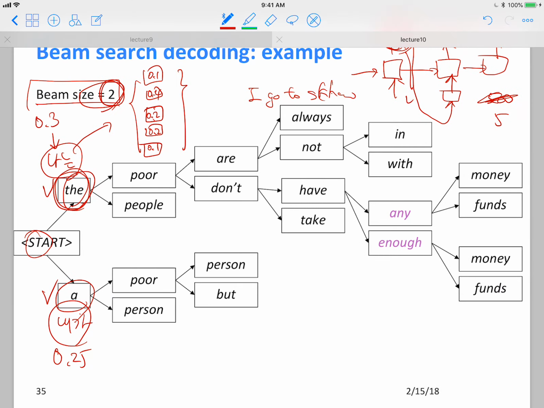And in the scenario where the first word is 내가, this will generate its own 5-dimensional softmax probability, right?